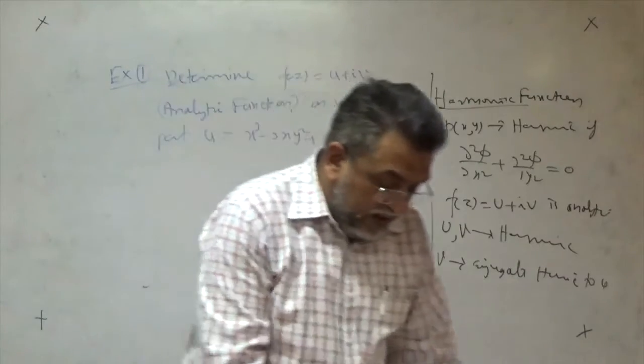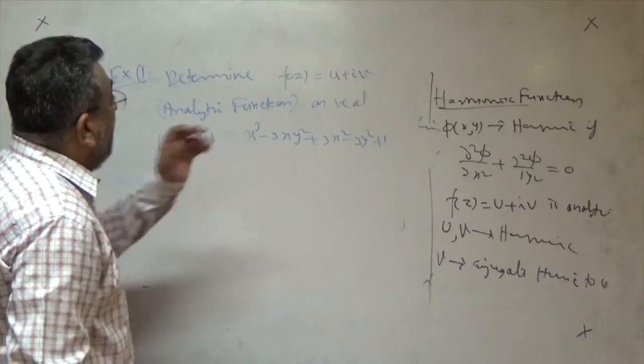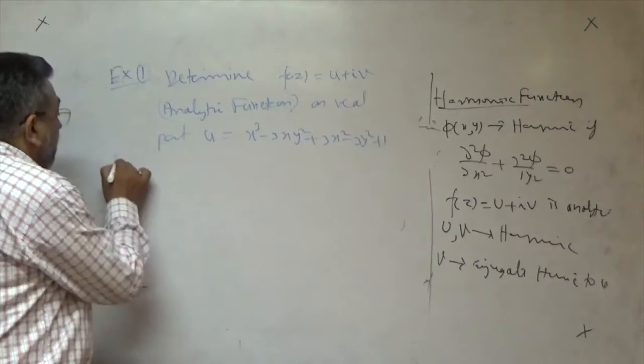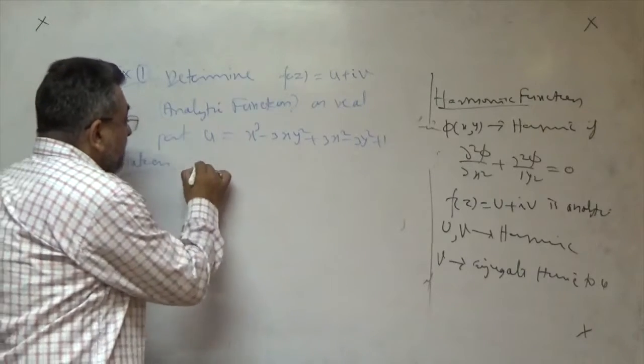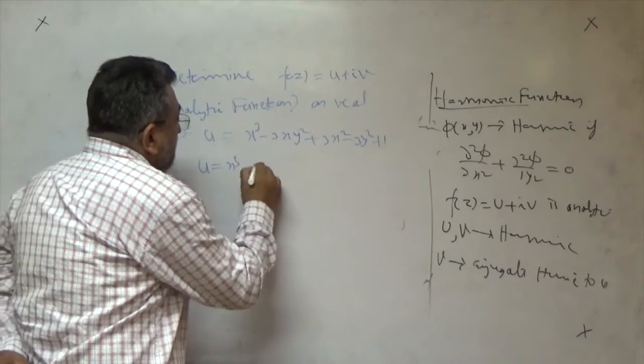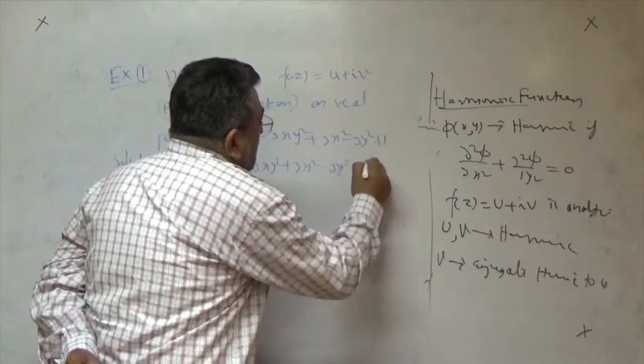That is the real part of this analytic function. This is given and you have to find f(z). Now, first I take this example. Given that u equal to x cube minus 3xy square plus 3x square minus 3y square plus 1.